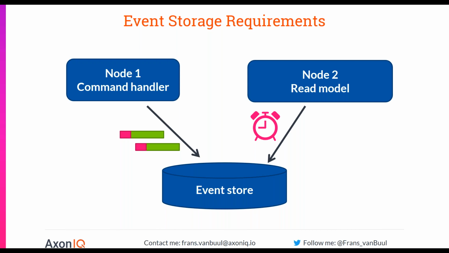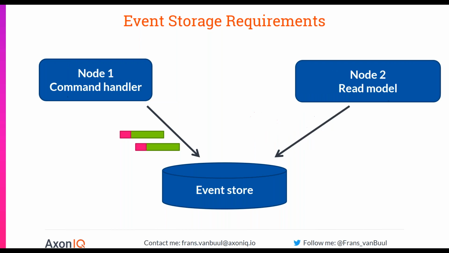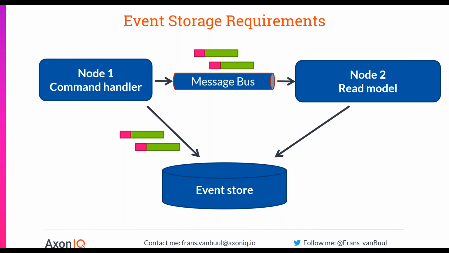So instead we do polling, which kind of works, but it does introduce a potential delay of half a second on event delivery. Another architecture that we're seeing is that another message bus is introduced between the nodes.